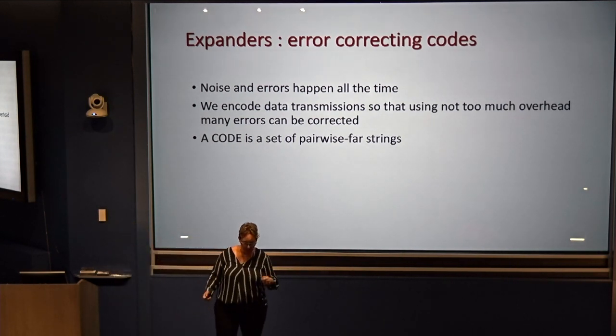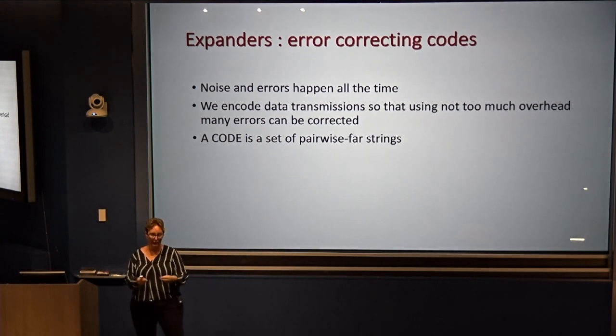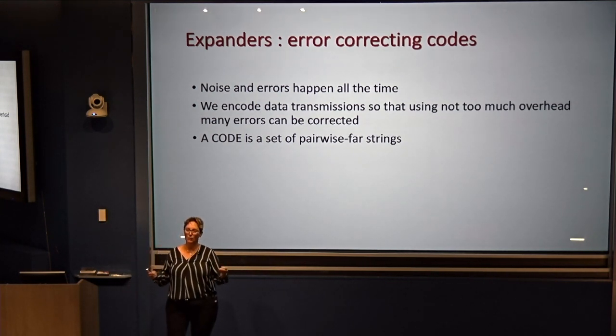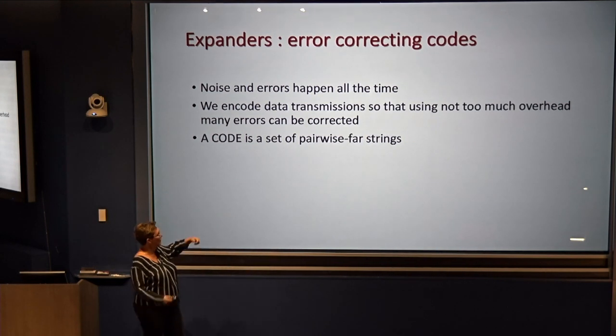A code is like a dictionary. You take all the messages, all the 1,000-bit strings, and you encode them by slightly longer messages, such that every pair of encoded messages are a bit far from each other, say pairwise at least 10 bits or 20 bits apart. The set of all encodings is the error-correcting code.